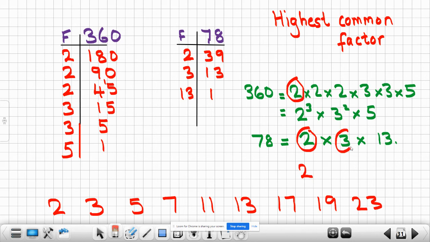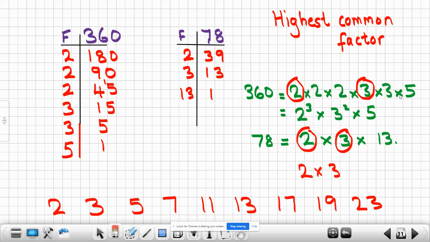This has got a 3 and so has that. So we can take those out. But if we look now, there is nothing else in common. This one has got an extra two 2s, but we haven't got those here. This one's got an extra 3, but we haven't got that there. There's a 5, but there isn't one in this. And there's a 13, which isn't in the first.